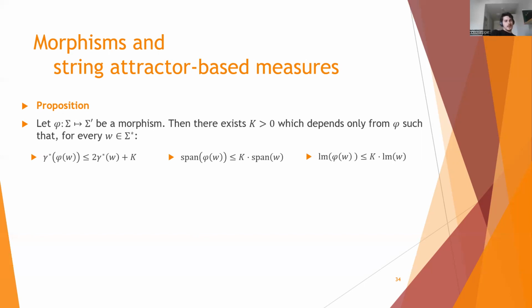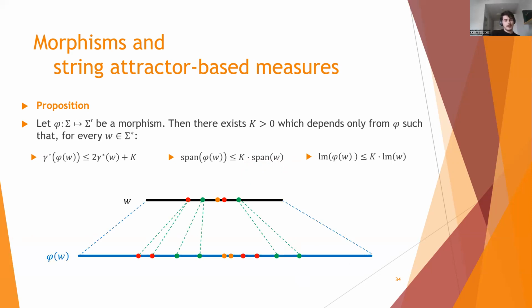In particular, I want to highlight the result on the span: the span of the image of word w is at most k times the span of the word. Intuitively, this comes from the observation that for any given string attractor of w, we can retrieve one suitable for phi of w by picking the border of the projection of the symbols, plus some extra symbols in order to cover those factors that occur only within the images of the symbols.